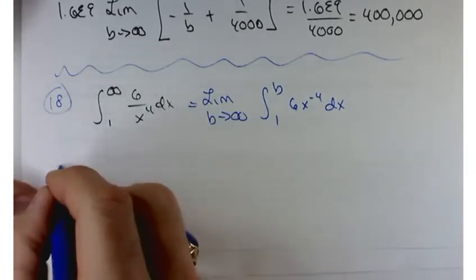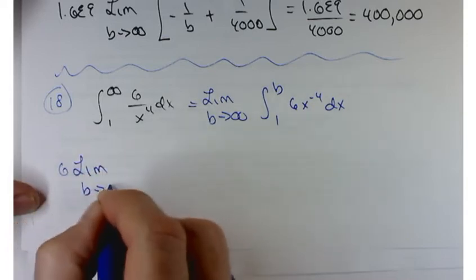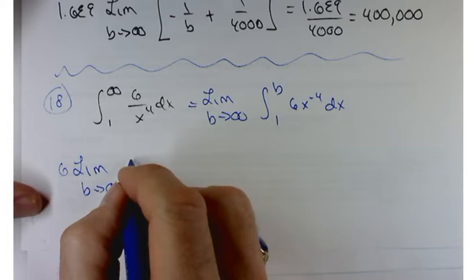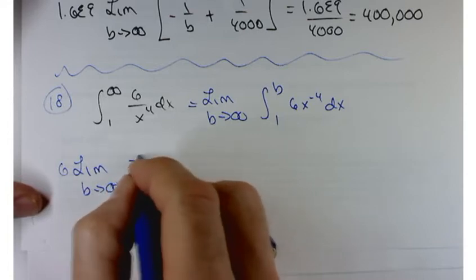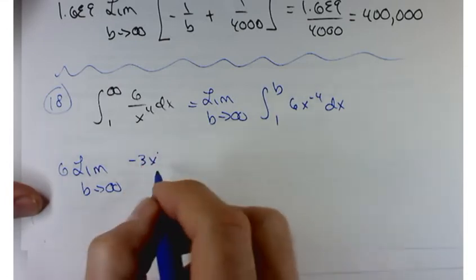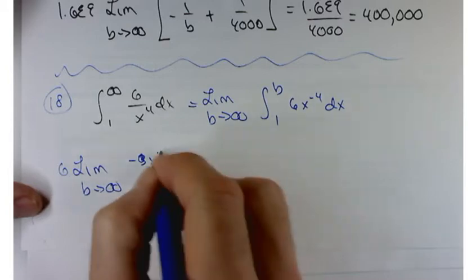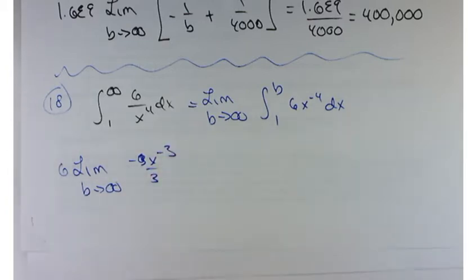6, let me bring it all the way out in front. 6 times the limit as b approaches infinity of negative 1/3, yeah, divide by 3, so negative x to the negative 3rd over 3.